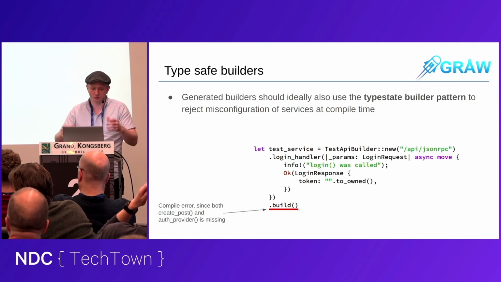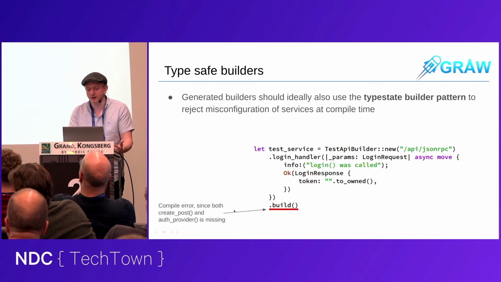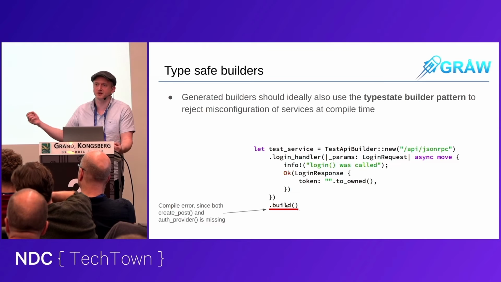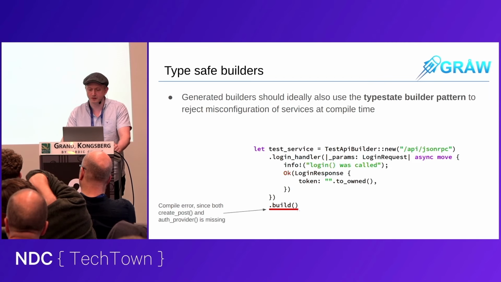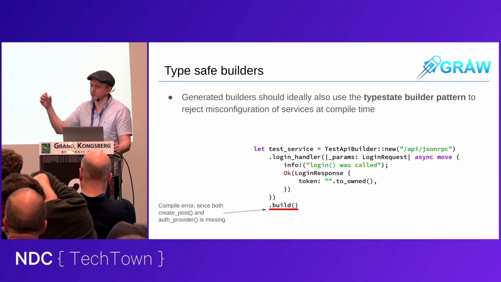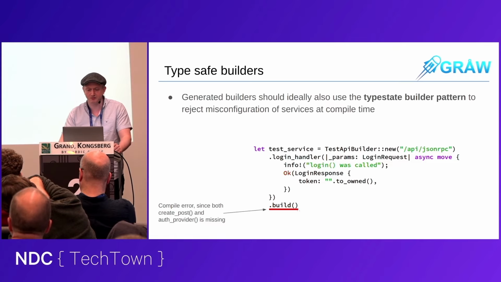So it would fail at compile time if, in this case, you have provided neither create post nor auth provider. And then this build method just literally does not exist on that builder struct, so you would get the compile time error. And the macro can generate type state builders for your specific service case, so that's very strong compile time checking for us there.